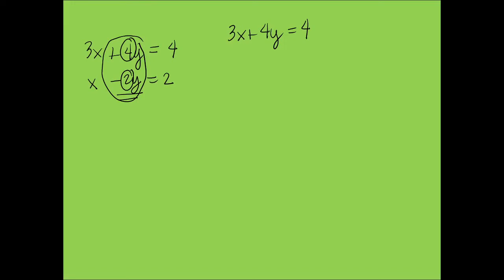What's the LCM of 4 and 2? Least common multiple. 4 and 2. This is 4. We have 8, we have 12. For 2, that's 2, 4, 6, 8. Which is the smallest common one? 4. Therefore, the LCM is 4. Our equation 1 is already okay because it's already 4.